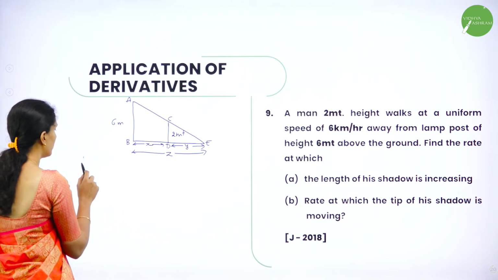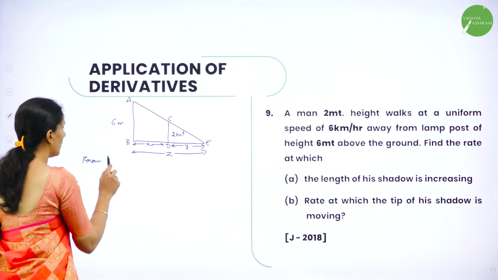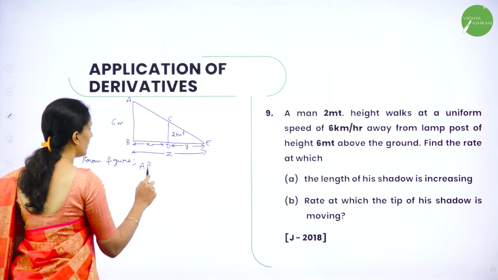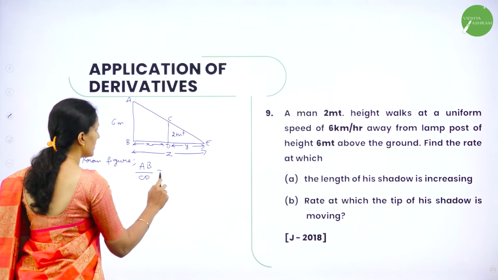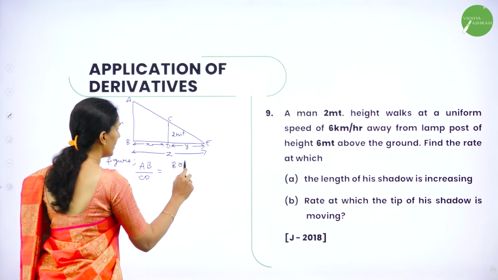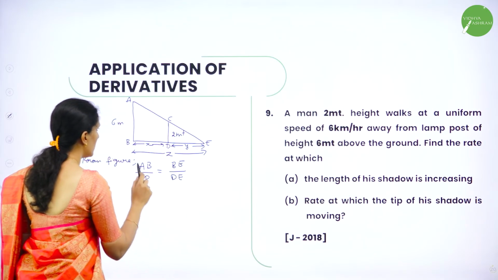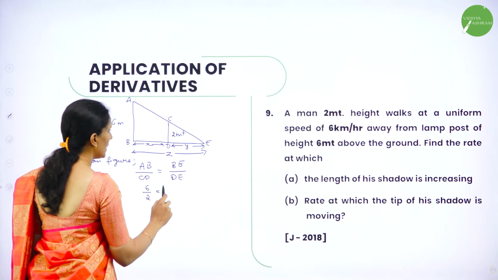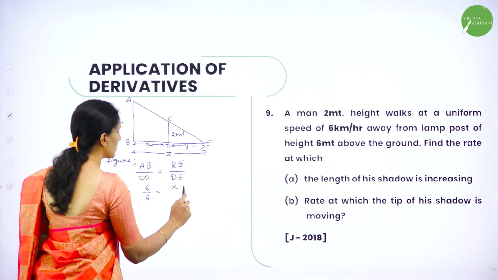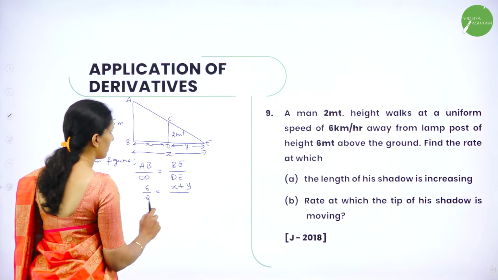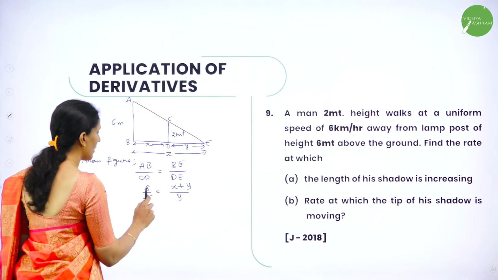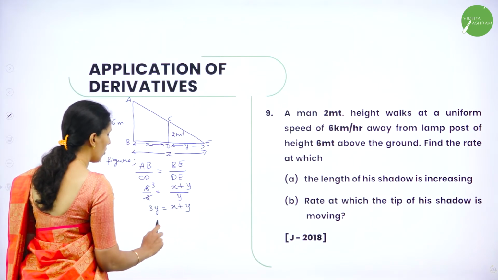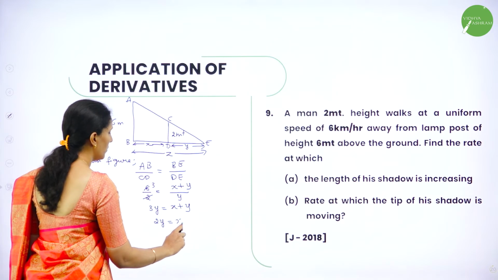Now from the figure, we can write AB divided by CD is equal to BE divided by DE. AB is nothing but 6, CD is nothing but 2, BE is nothing but x plus y, and DE is nothing but y. So we can cancel. We get 3y is equal to x plus y, or we get 2y is equal to x.